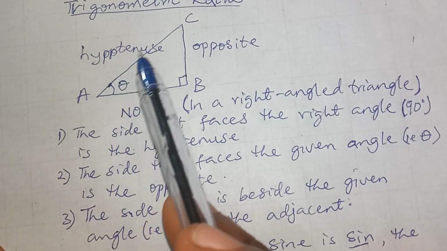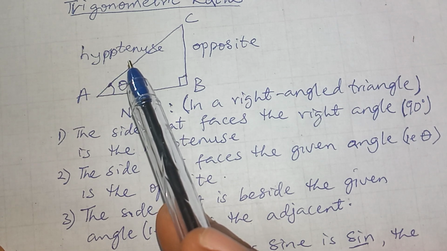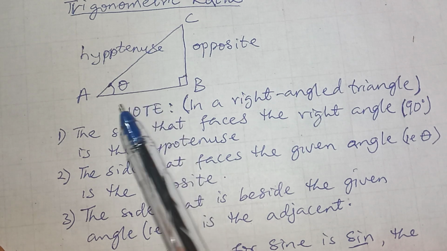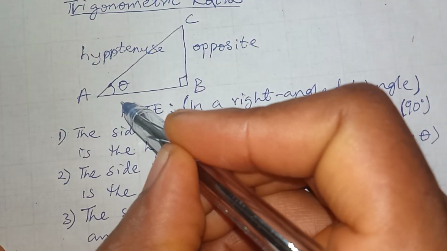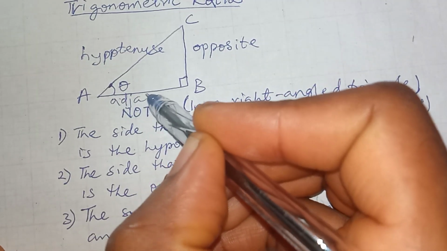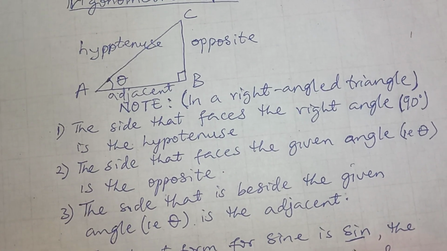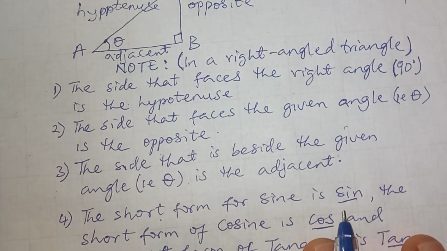Remember, even though the hypotenuse is also beside the angle, we have already taken it as the hypotenuse. So the second side that is beside the angle is this side, and we call it the adjacent. These are the things we should know before we can proceed in this topic.